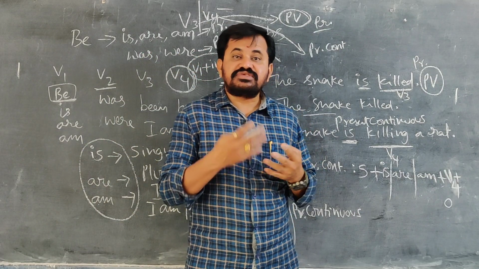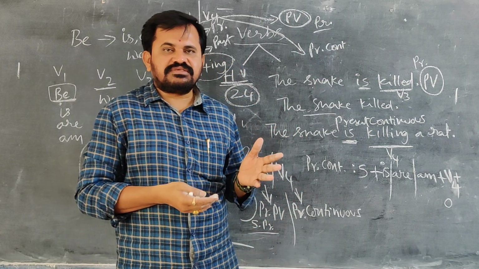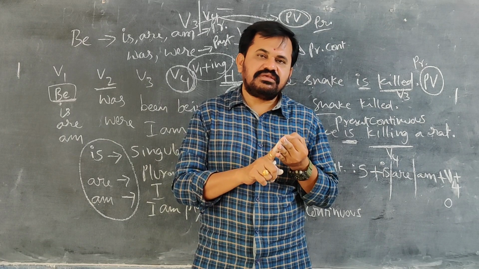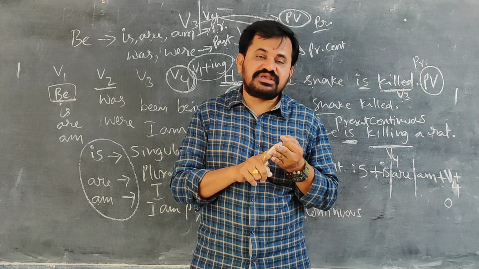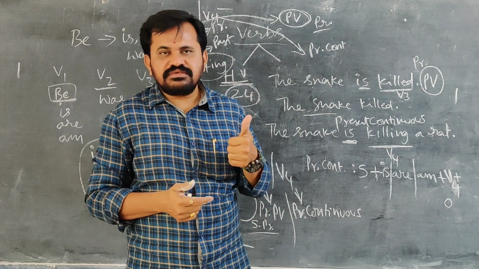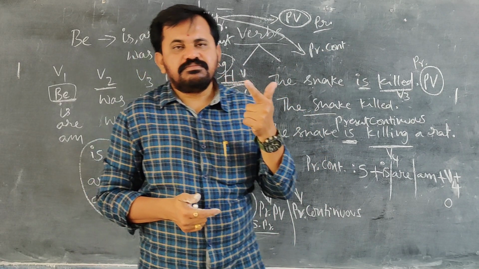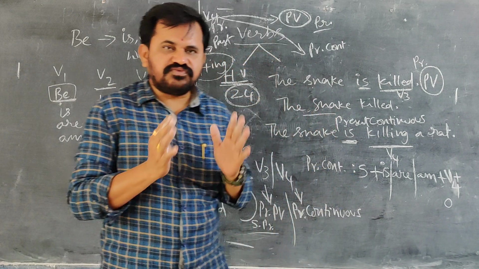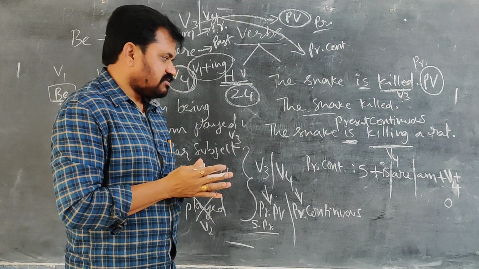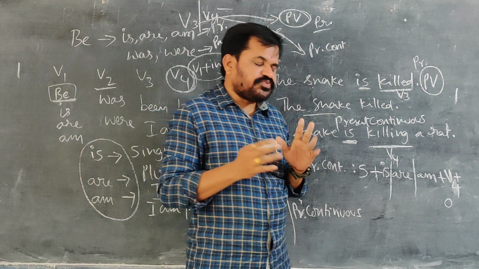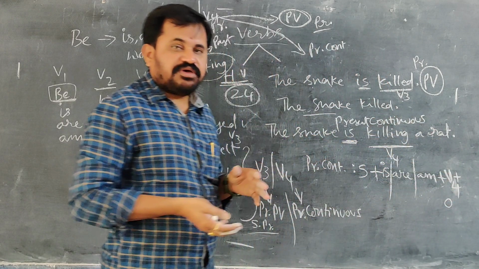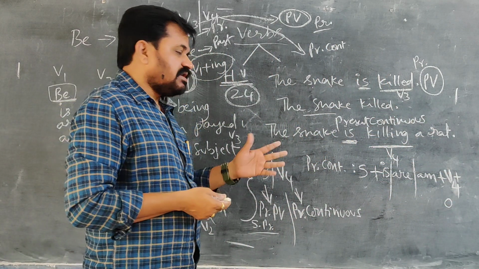Likewise, in 3 tenses, it comes 6 times: present continuous, present perfect continuous, past continuous, past perfect continuous, future continuous, and future perfect continuous. So whenever you hear this word, immediately remember V4 will be there. Depending on the name of the tense, you have to write the structure.